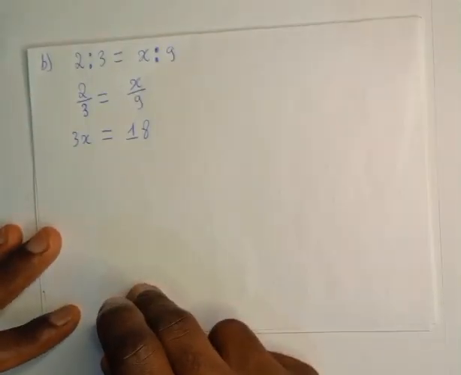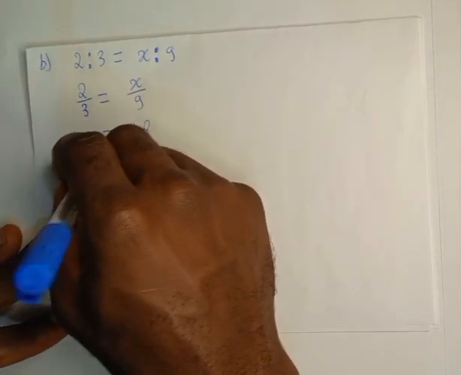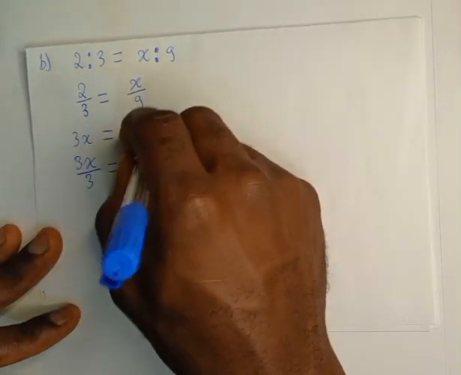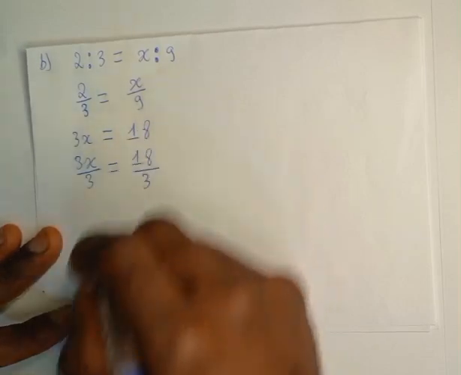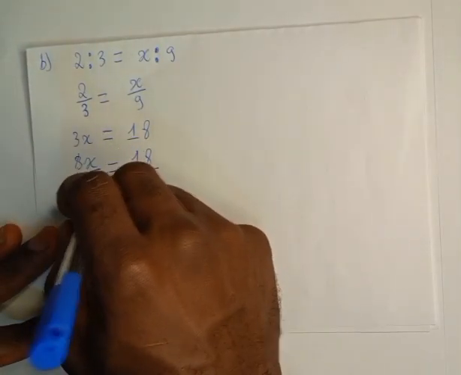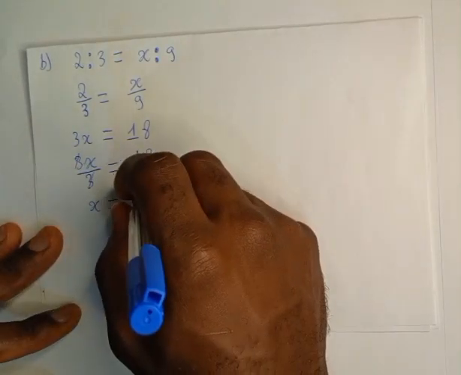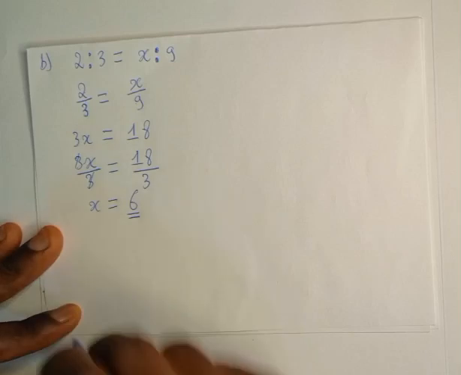Next, we are going to divide both sides by 3. 3x divided by 3 is equal to 18 divided by 3. 3 will strike off 3. We'll be left with x is equal to 18 divided by 3, which gives us 6.